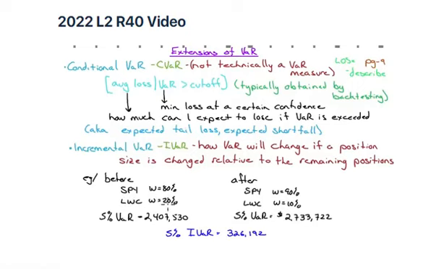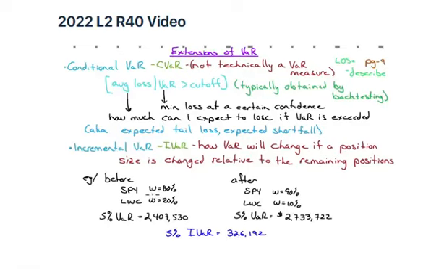All we do is recalculate everything with a 90% weighting and 10% on LWC. Calculate the 5% VaR with this, and we get 2.73 million. So incremental VaR is just the difference between the two, which is 326,000. So if we changed our weighting from 80 to 90, the incremental VaR of that would be 326,000. And that makes sense because we're increasing our exposure to the riskier asset.